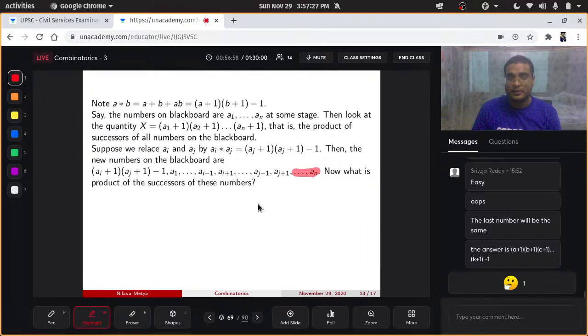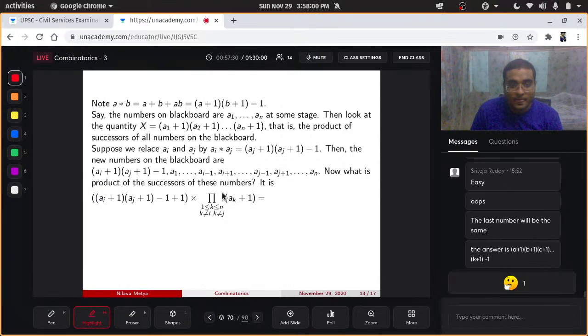Okay. Now, what is the product of successors of these new numbers which are written on the blackboard? You add 1 to A1 through AN except AI and AJ and multiply them.